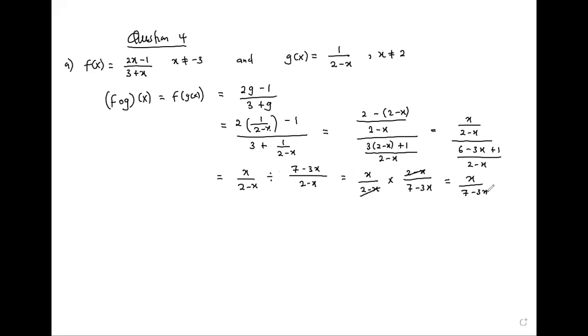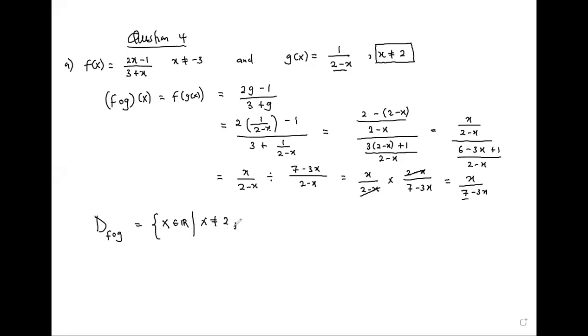Then find the domain. The domain of f of g is the domain x, a real number, such that you can start with the domain of g, the inside function. x is not equal to 2. It's given already in the question.